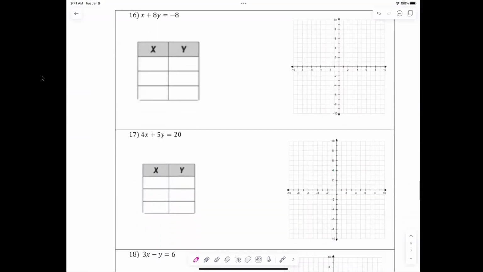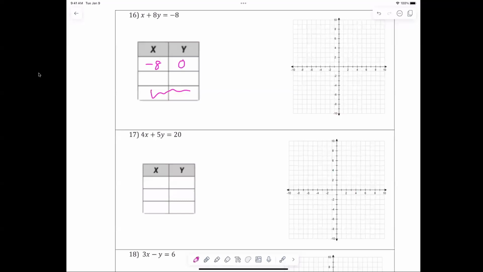Let's just knock out 16. Same process. I'm going to pause the video for one more 30 seconds. All right, here we go. If the y value is 0, x is what? Negative 8.